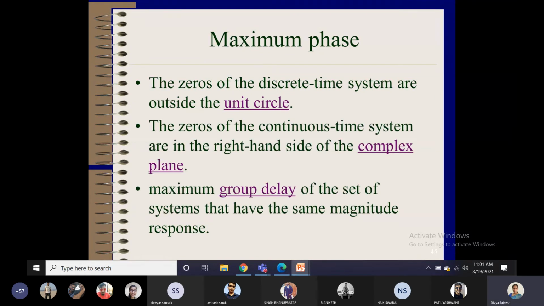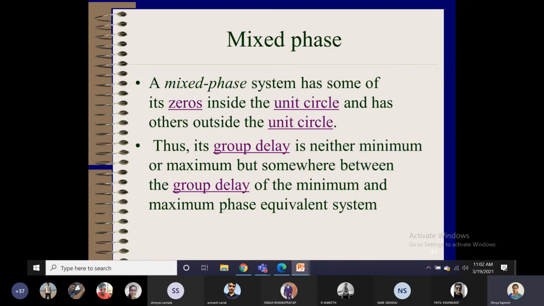And if the zeros lie outside the unit circle, then it will be a maximum phase system. And if some are inside the unit circle and some are outside the unit circle, then it is known as a mixed phase system.